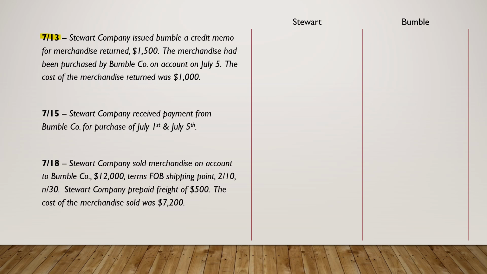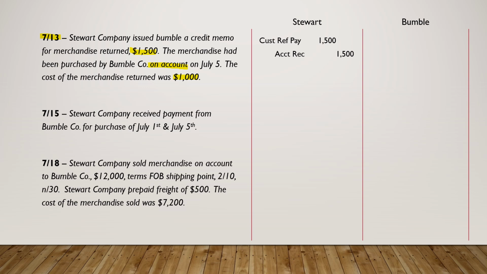July 13th. Stewart Company issued Bumble a credit memo for merchandise returned, $1,500. The merchandise had been purchased by Bumble on account on July 5th. The cost of merchandise returned was $1,000. When dealing with a return, the seller will debit customer refunds payable.